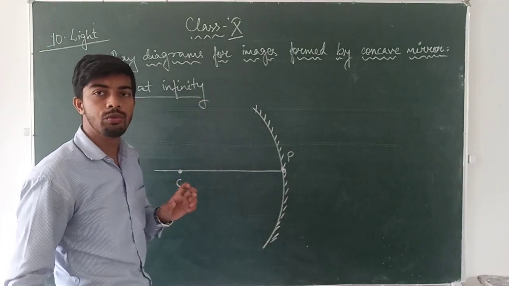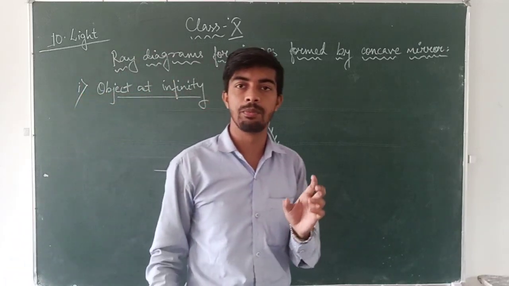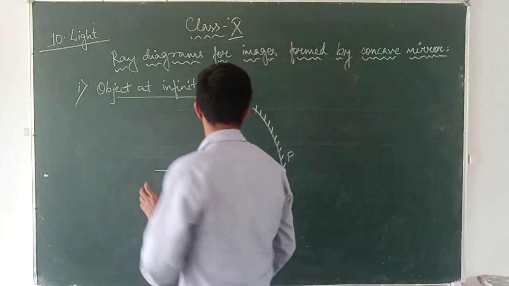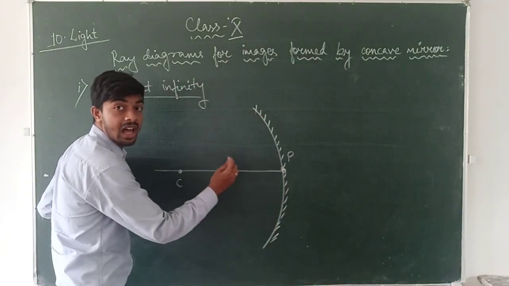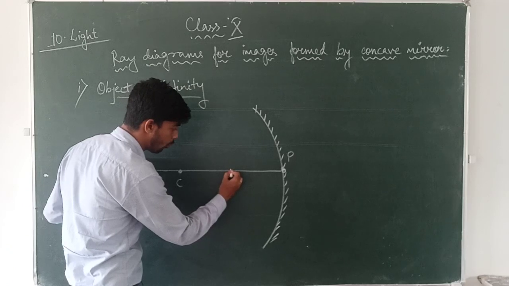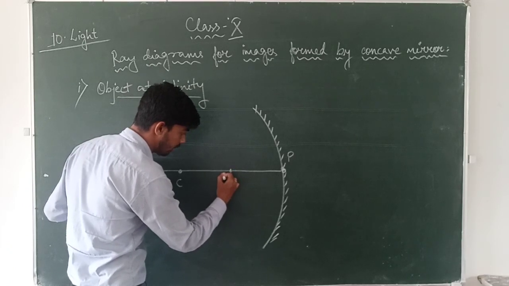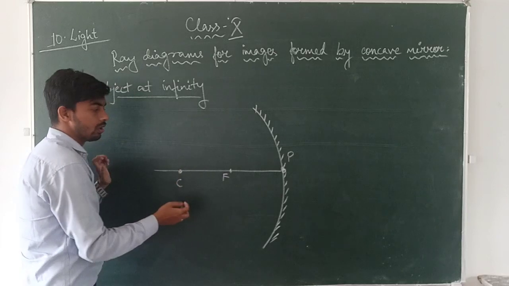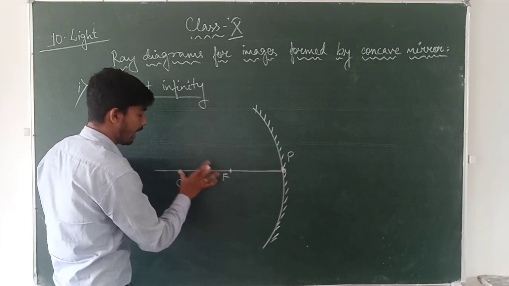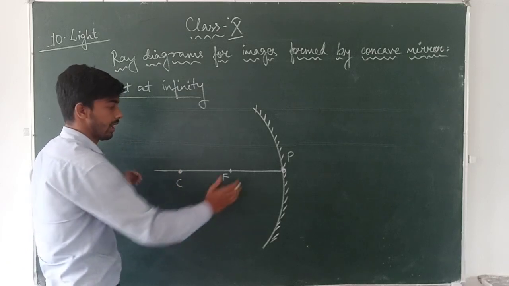Focus is the point which is exactly in between the center of curvature and the pole. So focus will be exactly at the half position, somewhere at this point, exactly at the middle point between the pole and the center of curvature.